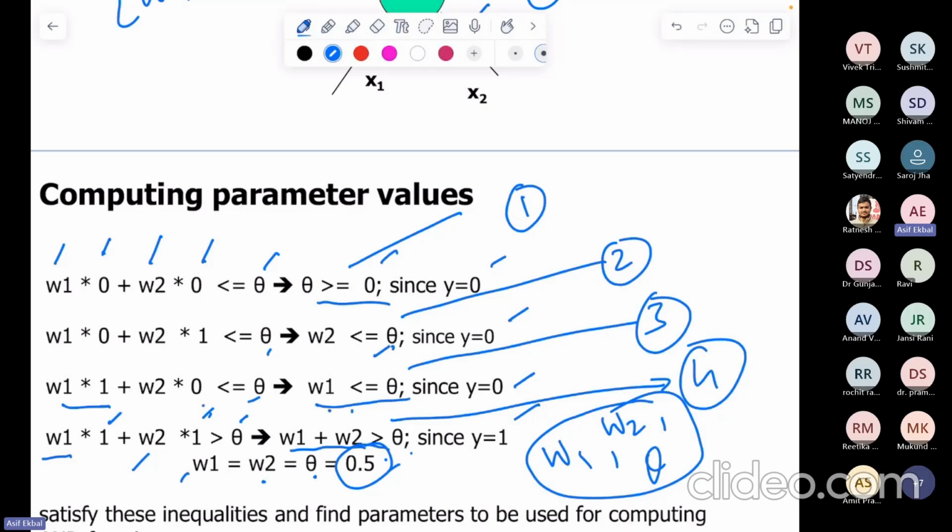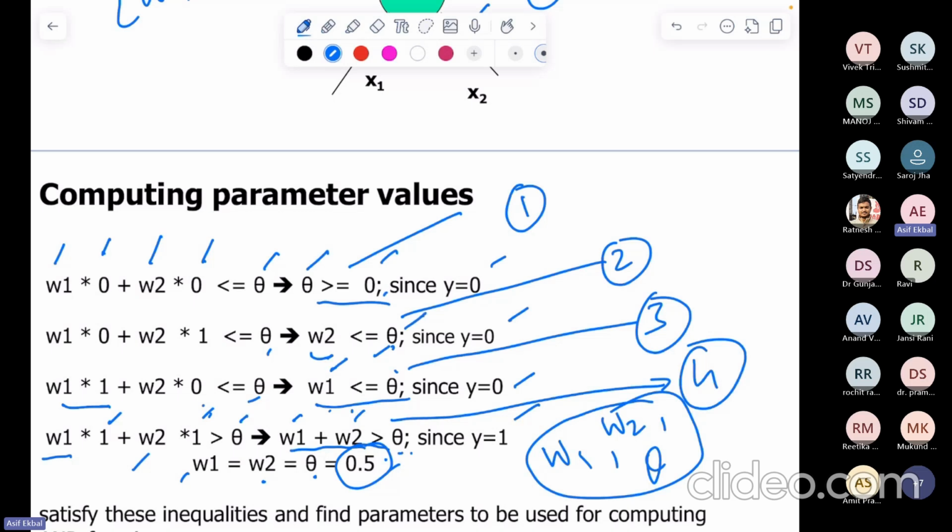This is also 0.5 less than or equal to 0.5. And for W1 plus W2 and theta, strictly it should be greater than theta, but in this case the conditions hold as checked.